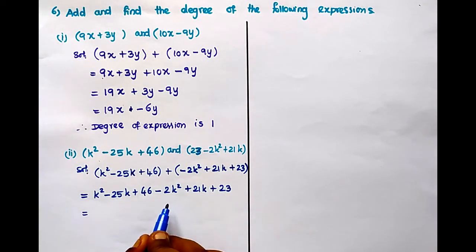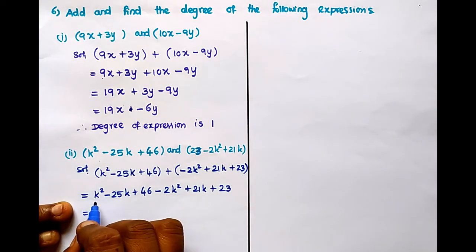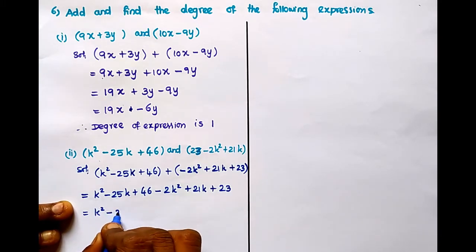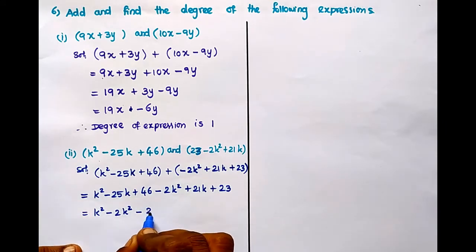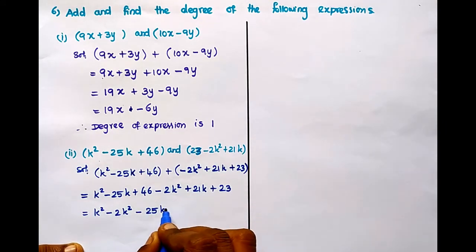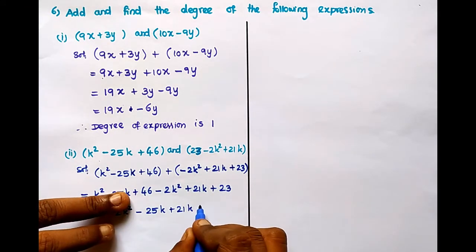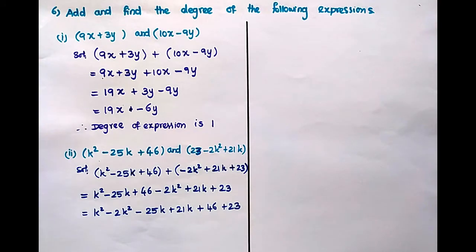Now assemble the same variables: k squared minus 2k squared, then k terms minus 25k plus 21k, and constant terms 46 plus 23.